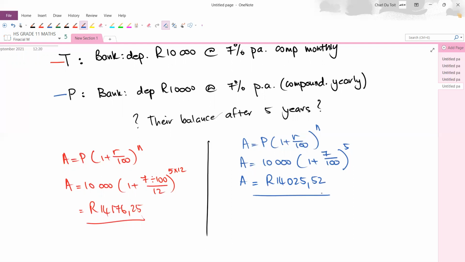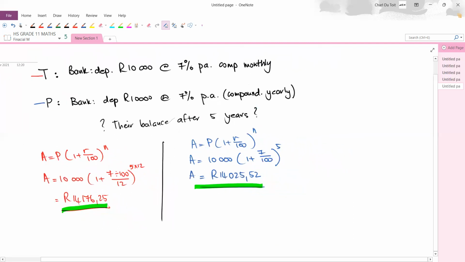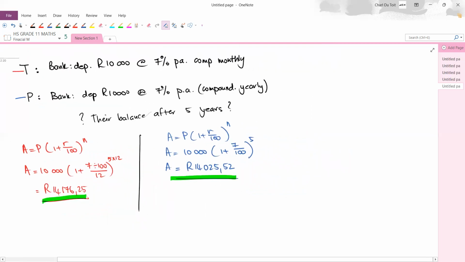Yes, sir. Okay, so what you did realize immediately is that the red value is more than the blue value. Now, what we need to be able to do is shift from an effective to a nominal rate, or back from a nominal rate to an effective rate.